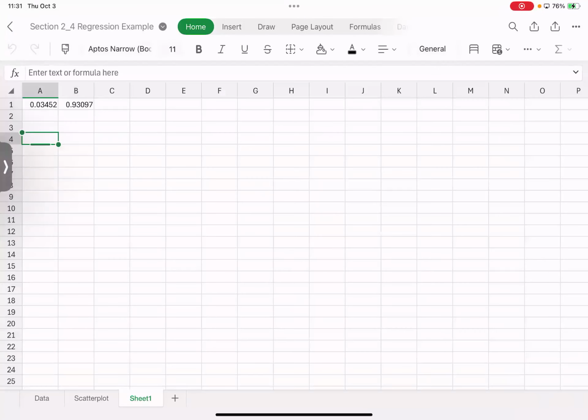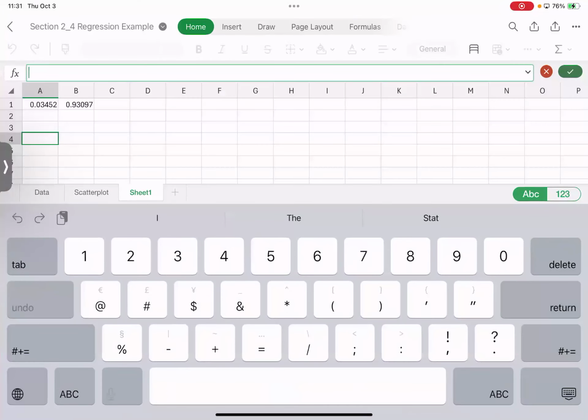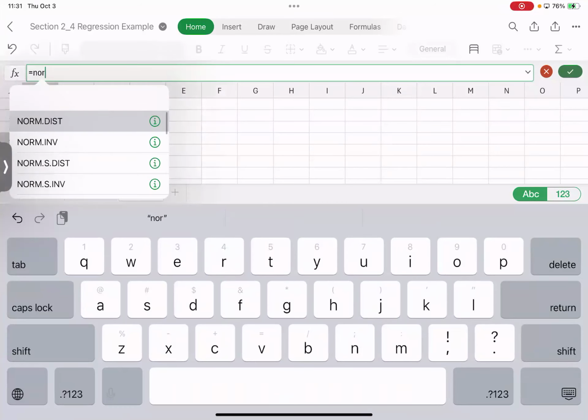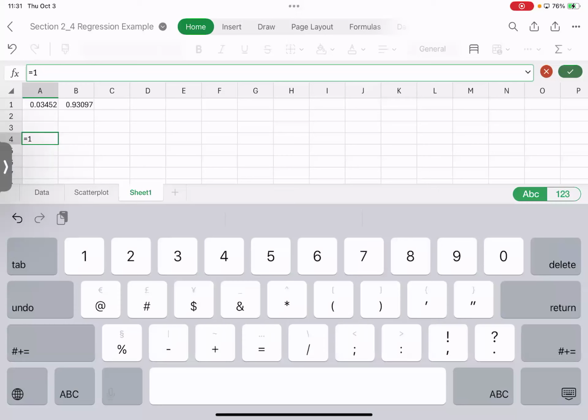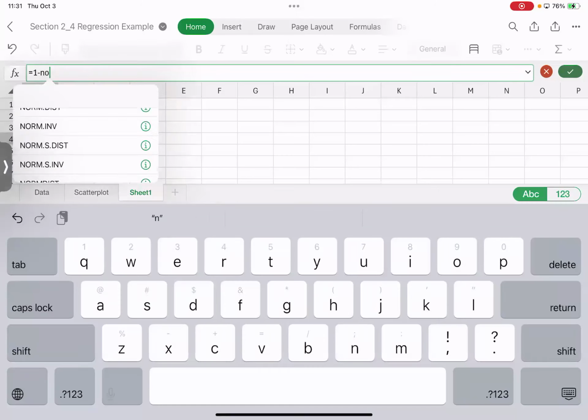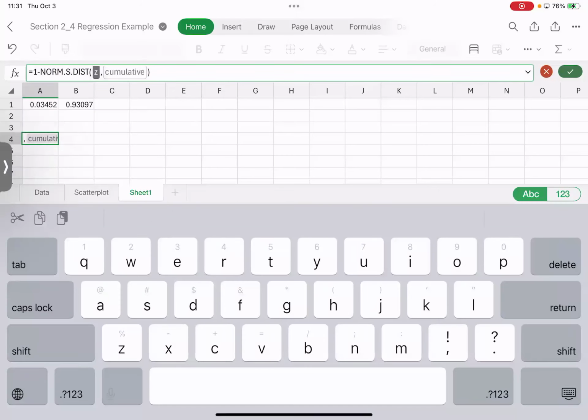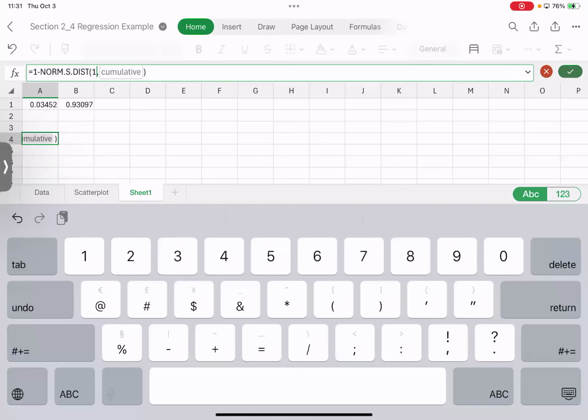I'll start one down here. Equals NORM.S.DIST gives me the area to the left, right? But I already know I want the area to the right. So I'm going to go 1 minus NORM.S.DIST of 1.7 comma TRUE, because we're always going to use TRUE.